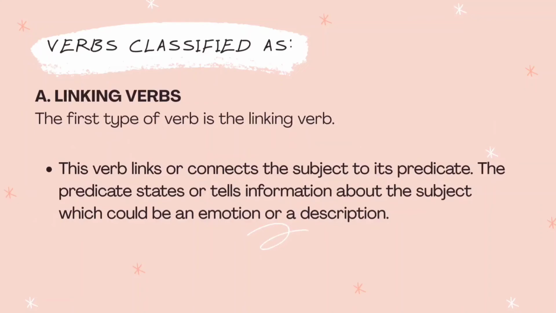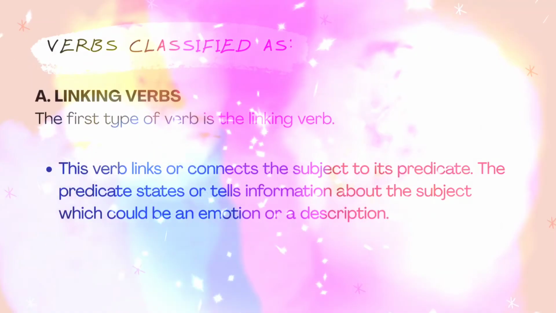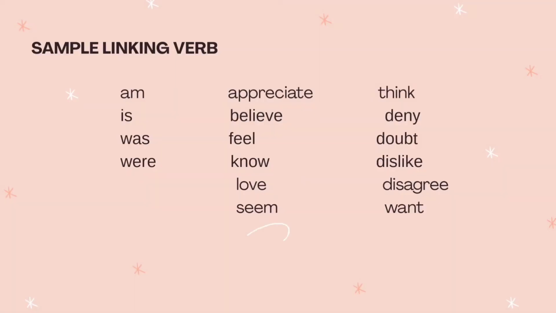The predicate states or tells information about the subject, which could be an emotion or a description. Here are samples of linking verbs: am, is, was, were, appreciate, believe, feel, know, love, seem, think, deny, doubt, dislike, disagree, want.